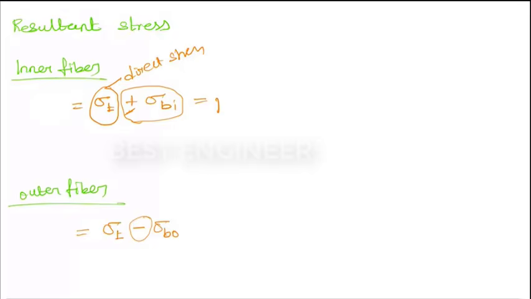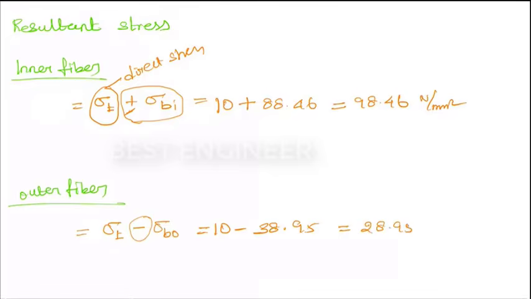Now direct stress is 10 plus 88.46, so 98.46 is the stress acting at the inner fiber. In the outer fiber, 10 minus 38.95, so 28.95 Newton per millimeter square is acting at the outer fiber.